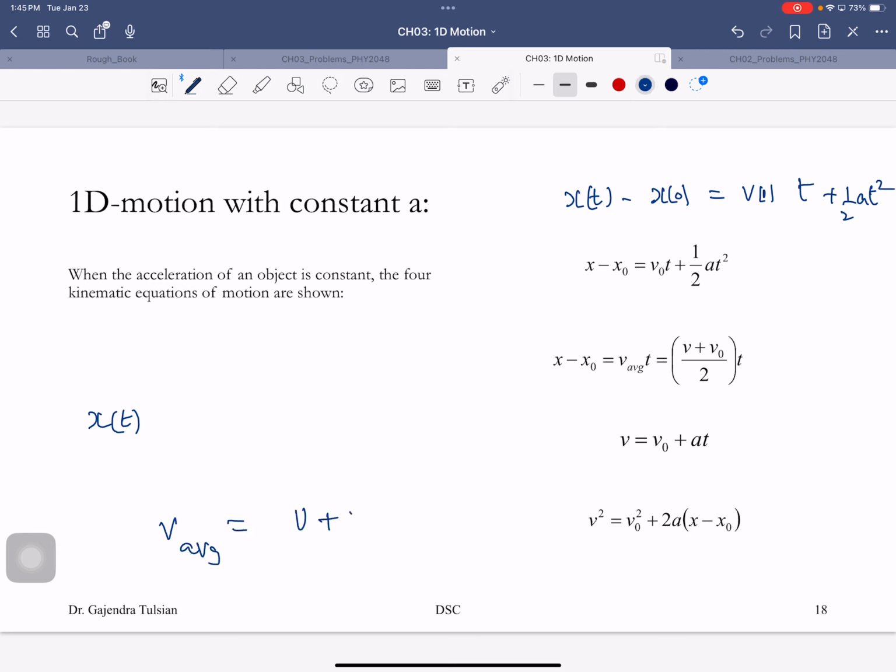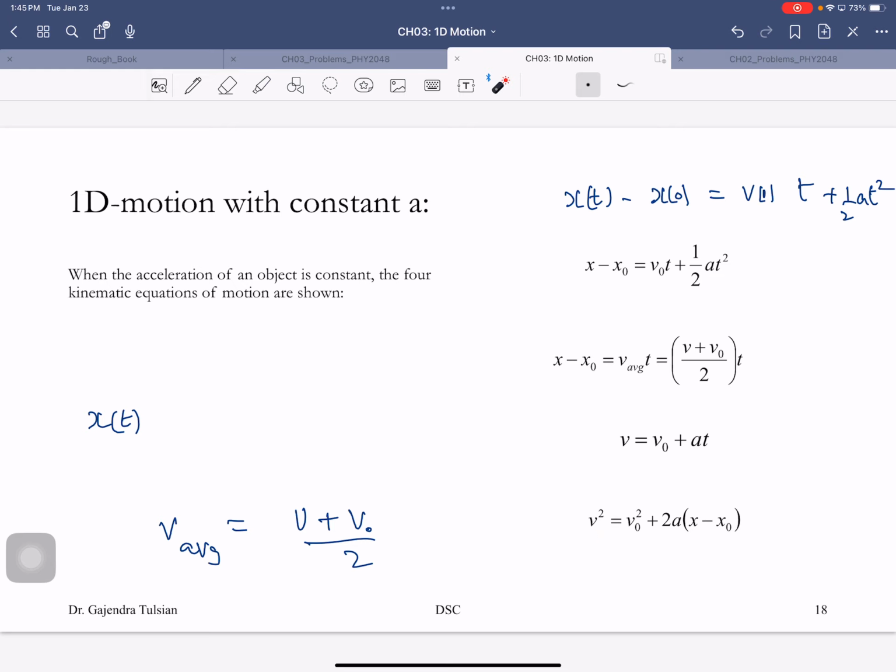What is this telling you? This is telling you velocity at time t equals velocity at time 0 plus acceleration times time. So this is giving you velocity as a function of time, and you see it's a linear function of time. When is that true? Only when acceleration is constant.